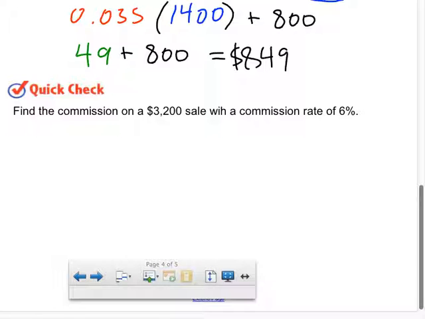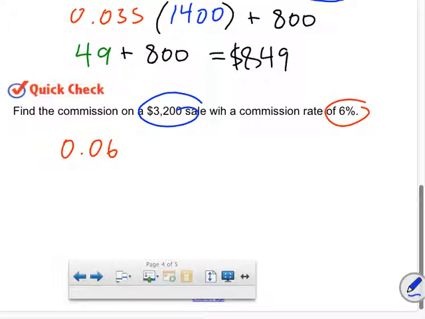So our commission rate, 6%. I need to write that as a decimal. What's that going to be as a decimal? 0.06. This is what we sold. And that's going to equal our commission. What's that going to equal? So we're just going to go ahead and quickly do this.